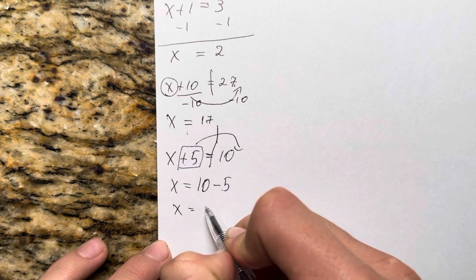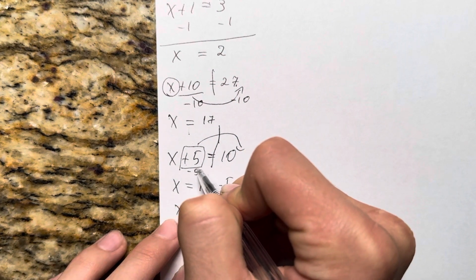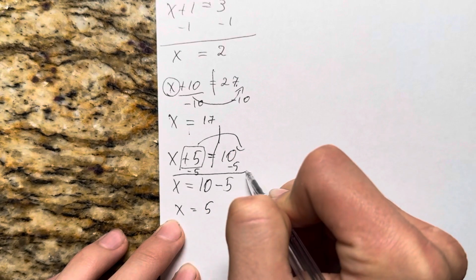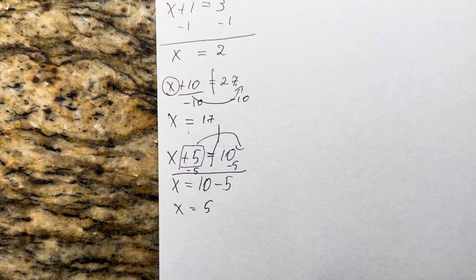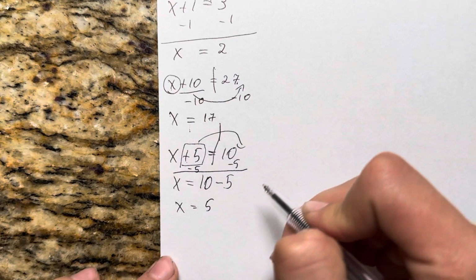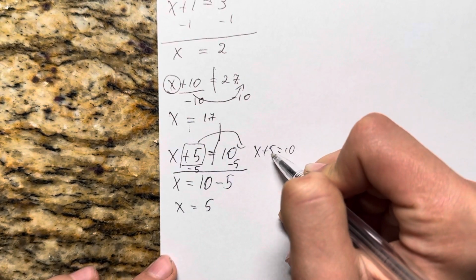x equals 5, right? If we did the same thing but subtracted 5 from each side, we'd end up with this, right? Very simple. And as you get better at doing this, you might just go like this: x plus 5 equals 10.